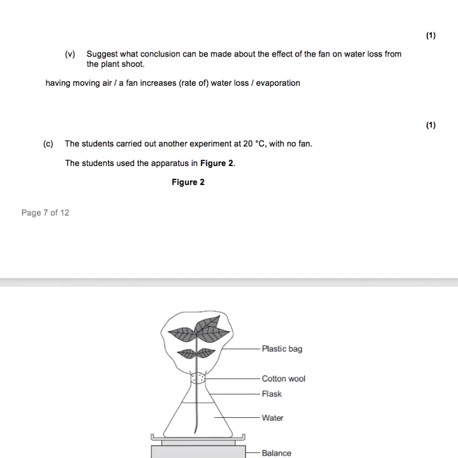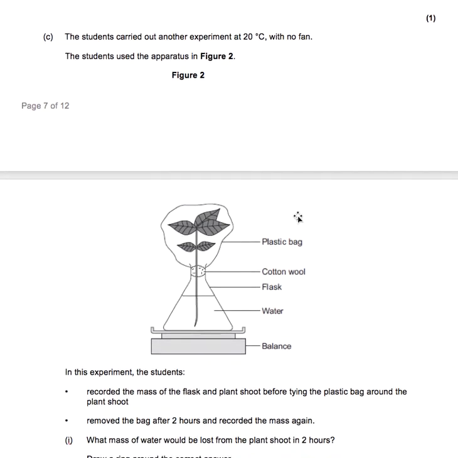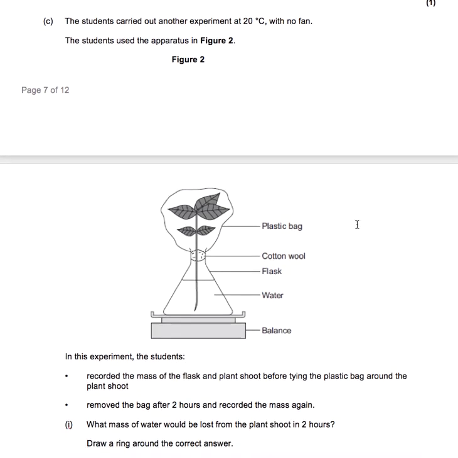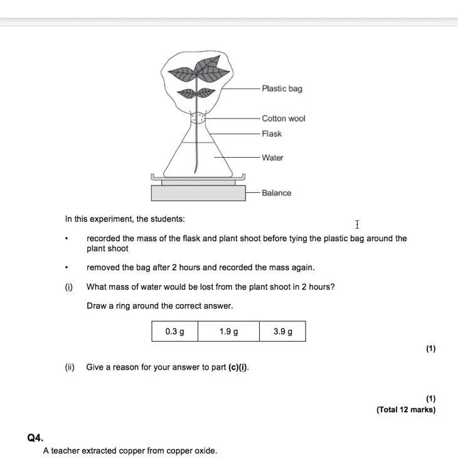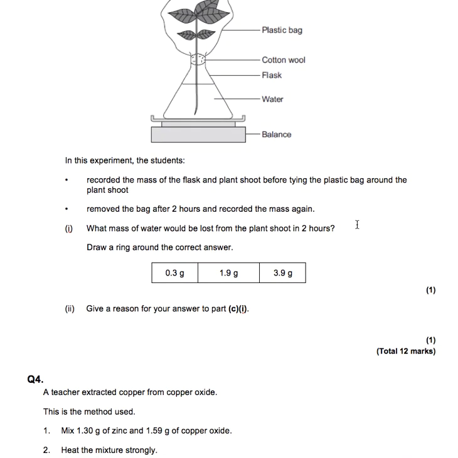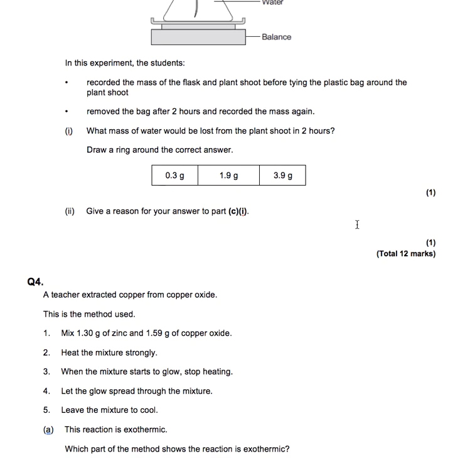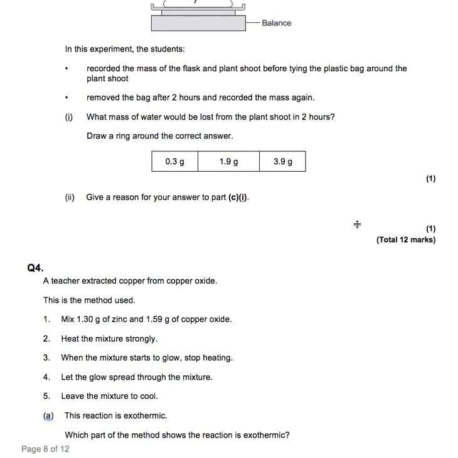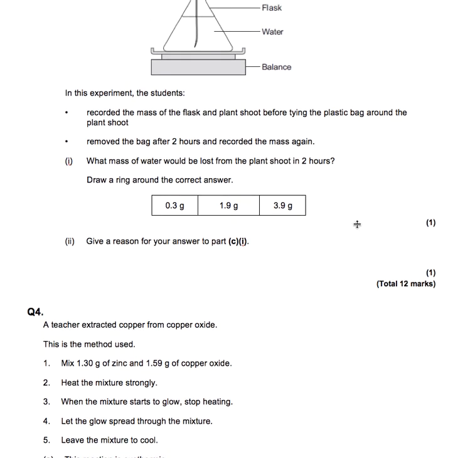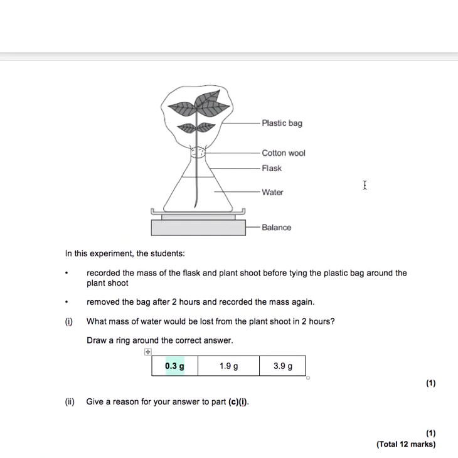So, part C then, student carried out another experiment at 20 degrees with no fan. The apparatus shown here in the experiment, the student recorded the mass of the flask and plant shoot before removing the bag and doing it again, and what mass of water would be lost from the plant shoot in 2 hours? Well, the answer is 0.3 grams, of course.